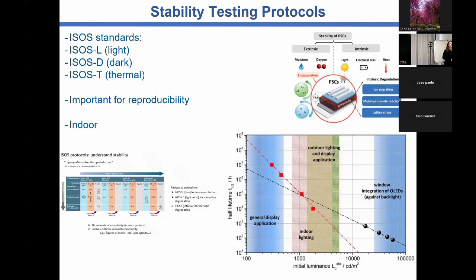We have also differences in the temperature because of windows open, windows closed, air conditioning on or not, and also related to the light spectra.